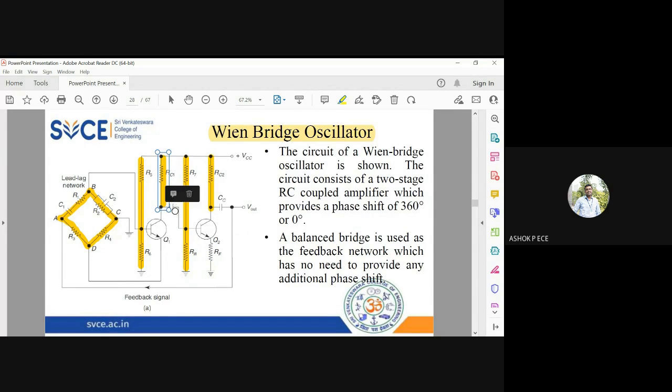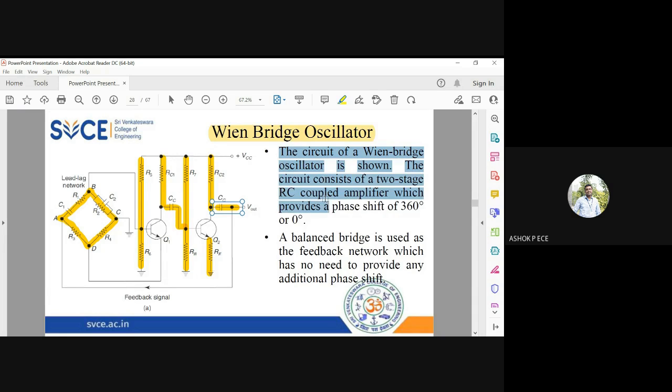CC is the coupling capacitance you have for both the common emitter amplifiers, and you have an emitter bypass capacitance for Q2. And Q1's emitter is connected to the point D, and output is taken from the collector and given as input to your bridge. And output from the bridge is taken and given as input to your base. So this is the connection of your Wien bridge oscillator.